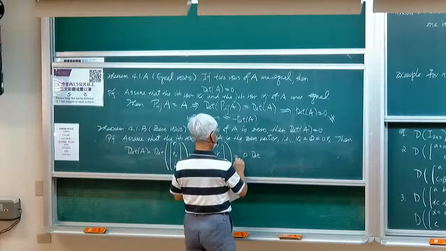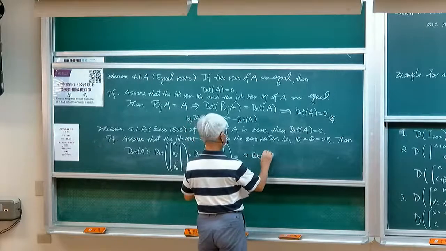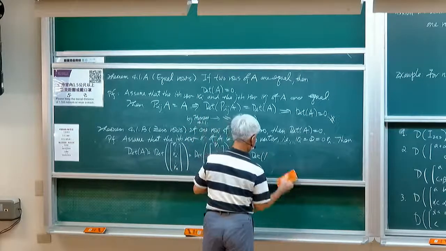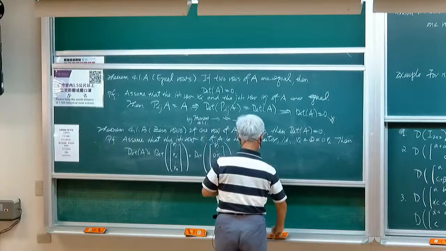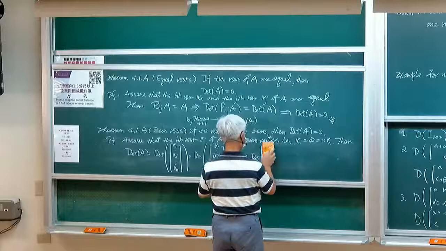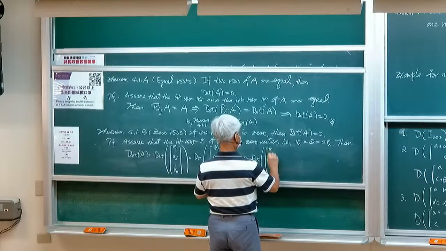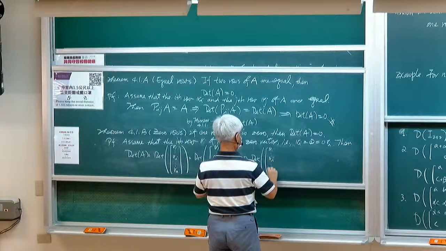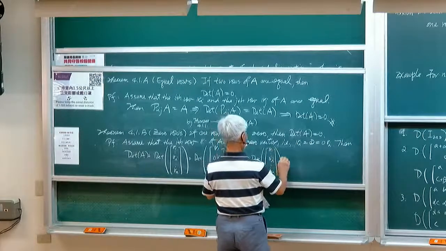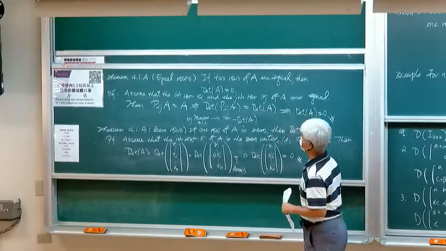So by axiom number 3, this is 0 times the determinant of A. So it's 0. Okay?